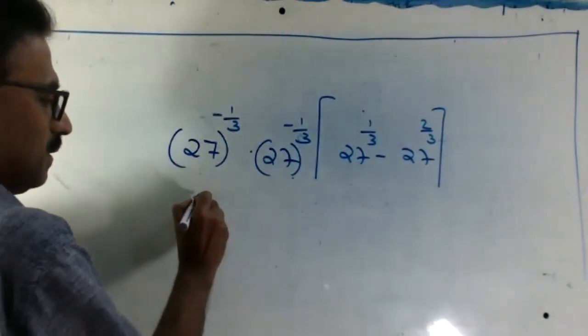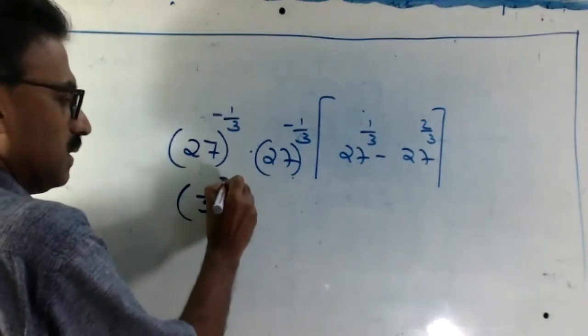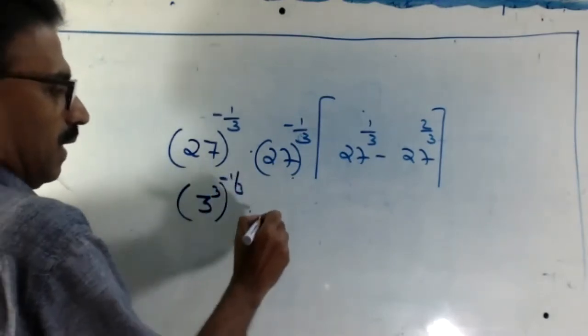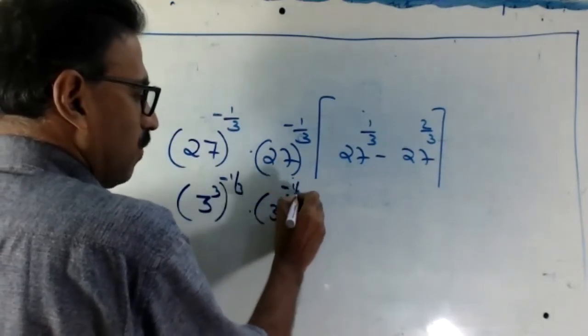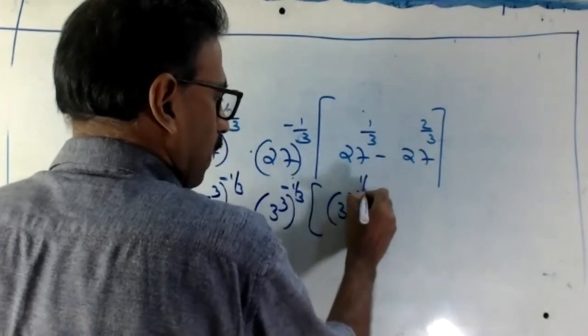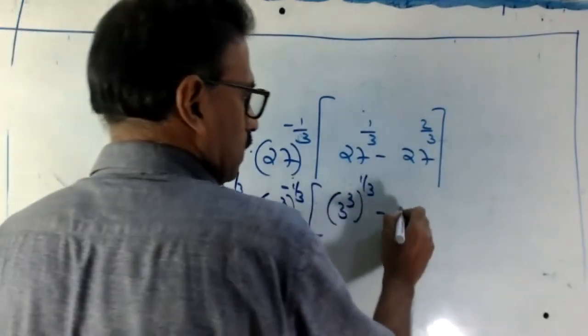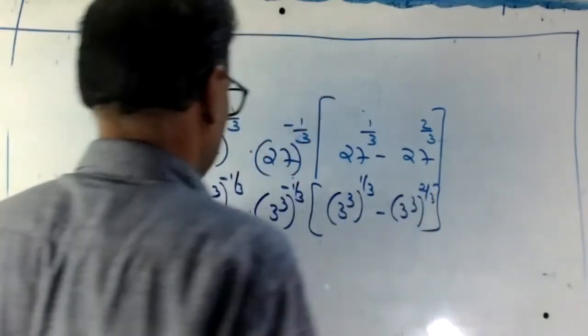27 we can write as 3 cube whole raised to minus 1 by 3. Again 3 cube raised to minus 1 by 3, 3 cube whole raised to 1 by 3, 3 cube whole raised to 2 by 3.